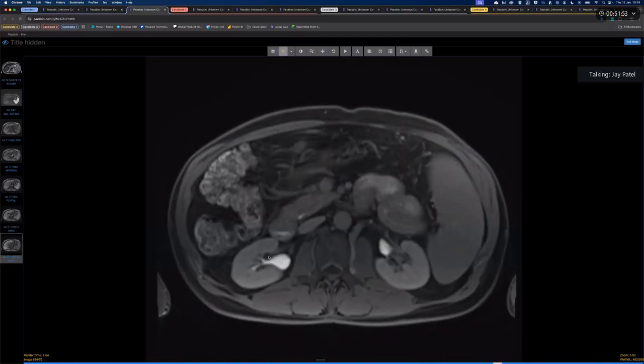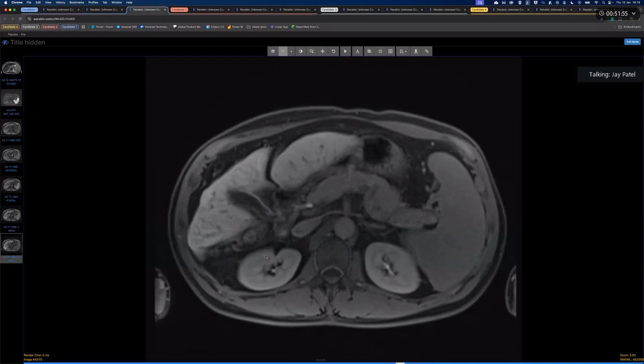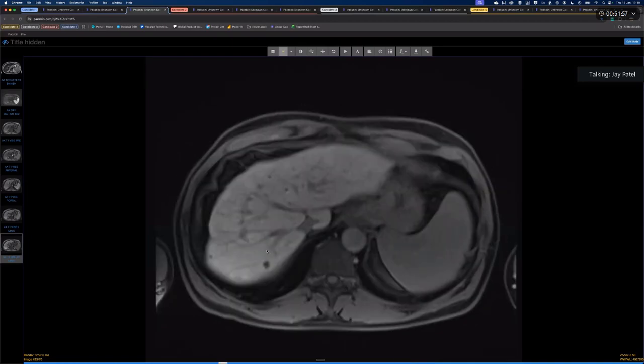Okay. There's one caveat to that. It's something I published on a while ago, which is in patients who have severe liver disease. By that, I mean broadly acute liver failure. Their livers are not processing or uptaking the contrast at the same rate that your liver or my liver would.